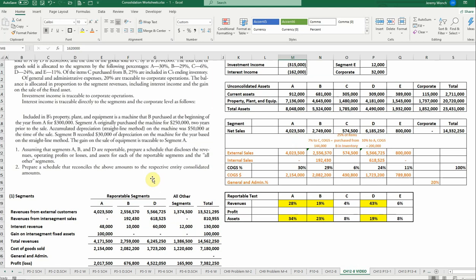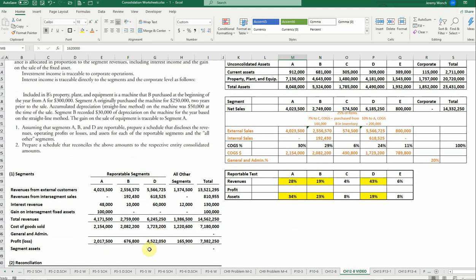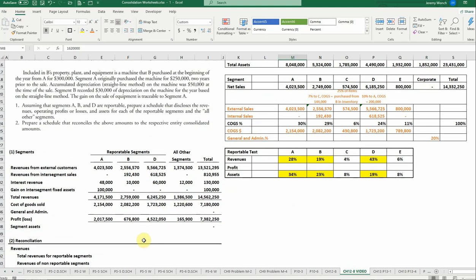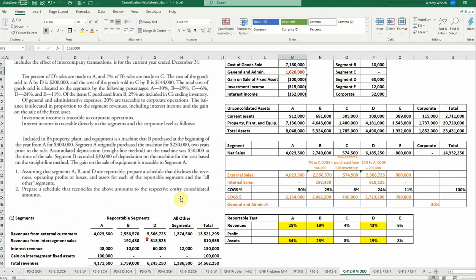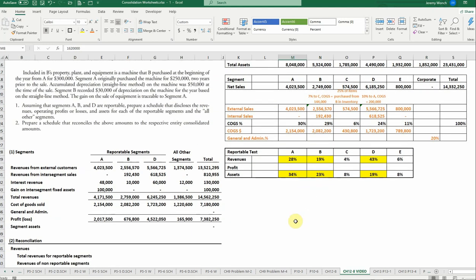All right, so let's see. It tells us that out of the general and administrative, 20% is corporate, and the remaining portion is based on the percentage of revenues.